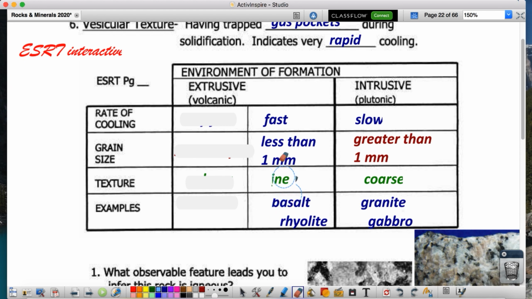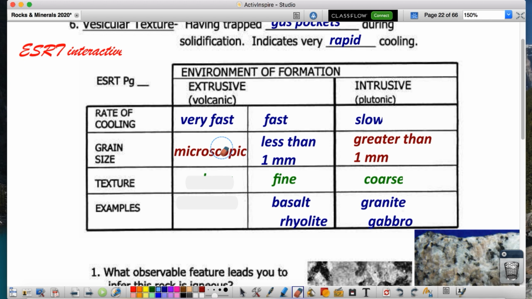Now, let's get extreme. Very fast cooling above the surface, very rapid cooling. That's going to result in a rock that is basically microscopic or non-mineralic. No minerals detectable in there. Can't really see them with the naked eye at all. So, what would be the texture of a rock with crystals so incredibly fine?